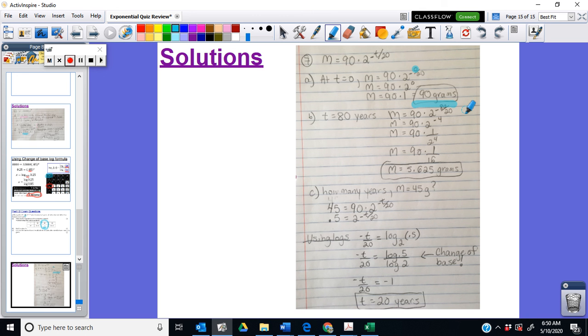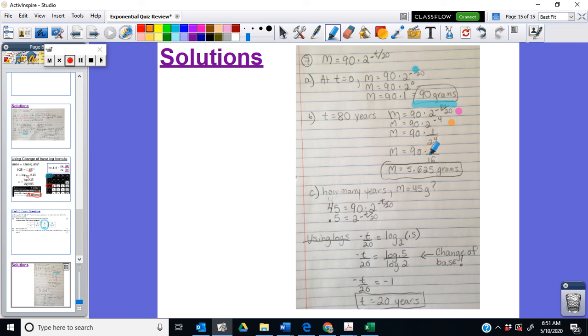Be very careful with your order of operations. First thing you do is exponents. Negative 80 over 20 becomes negative 4. Then from there, apply that negative exponent. 2 to the negative 4th power is the same as 1 over 2 to the 4th power.